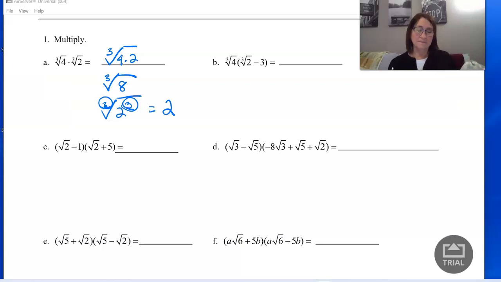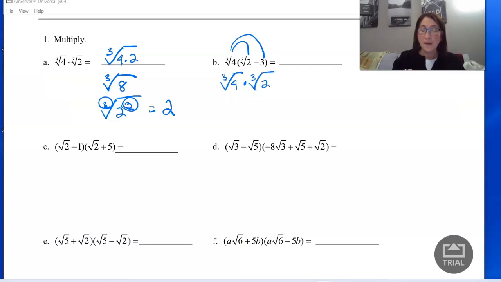Let's look at our next one. So I can take this cube root of 4 and multiply it times each of those terms inside of that binomial. So that's going to be the cube root of 4 times the cube root of 2 minus, I'm going to put the 3 in front, 3 cube root 4.